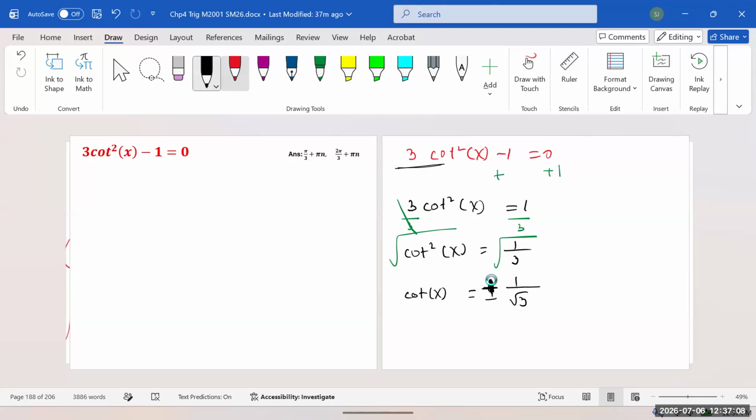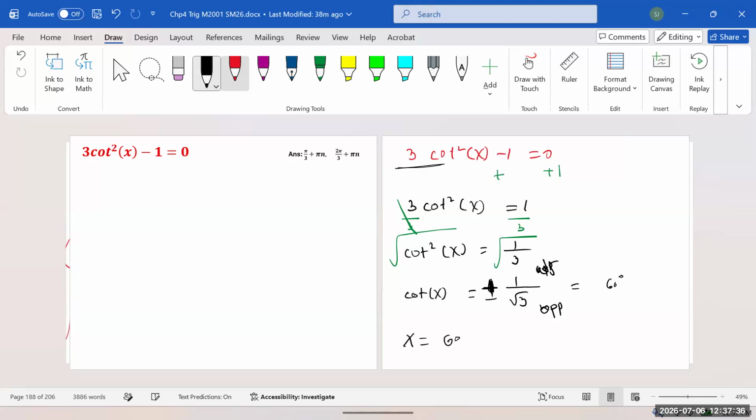So it's adjacent over opposite. So the angle is 60 degrees. But we have plus and minus, so plus 60 degrees and minus 60 degrees. We have 4 choices.